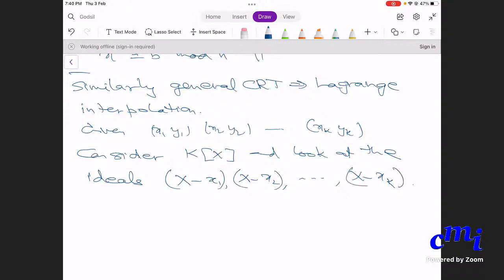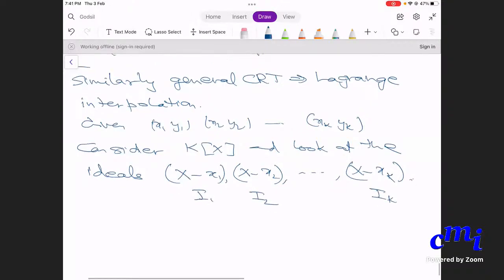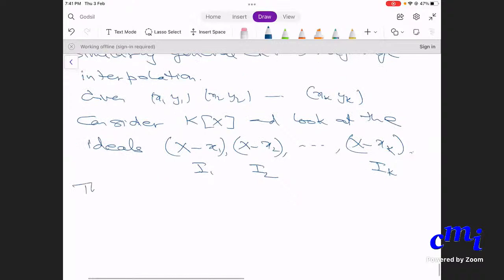So these are k different ideals, I1, I2, up to Ik, all ideals in K[x]. What about these ideals? I claim that these ideals are pairwise co-maximal.